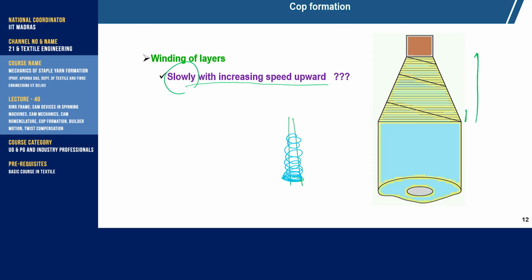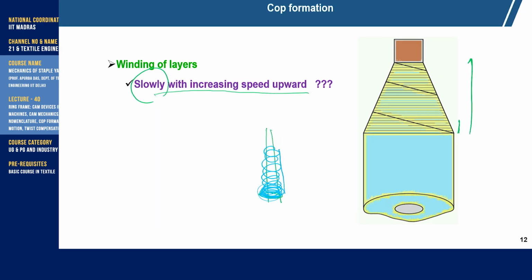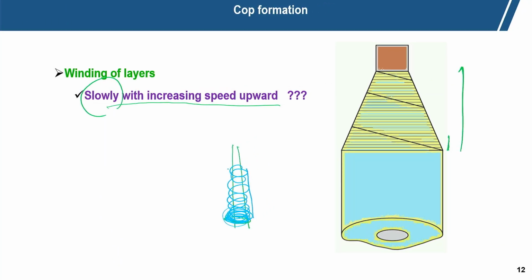So, from the very first layer there will be a large quantity of material at the base, but the material content will gradually reduce as we go upward within the stroke.